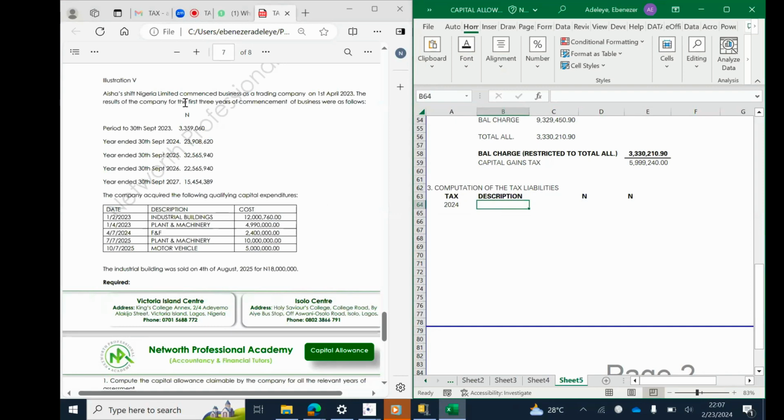They said the results of the company for the first years of assessment of business were as follows. So these are the assessable profits.